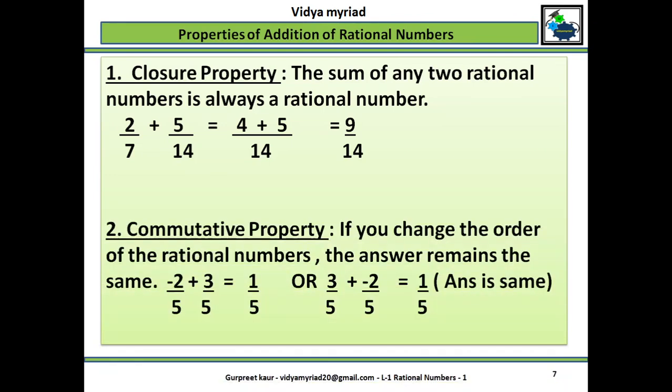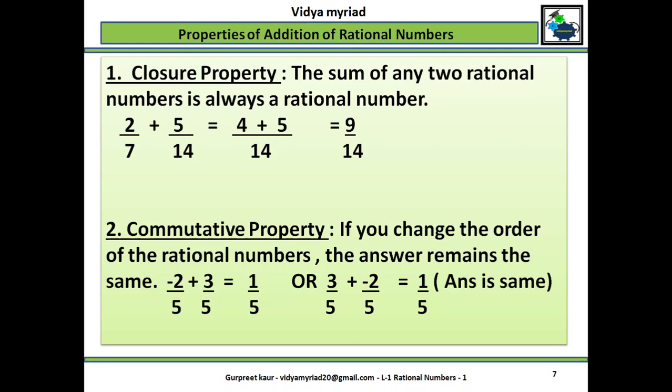Number 2, commutative property. If you change the order of rational numbers, the answer remains the same. That means, this simple example I give you, I say 2 plus 3, it gives you 5. And if I change the order, I say 3 plus 2, then also it is 5. The answer will remain the same.